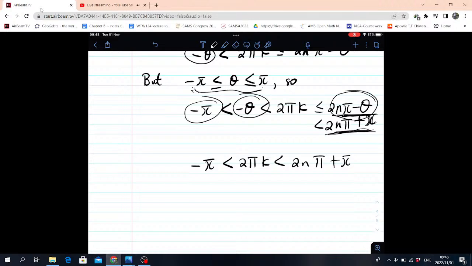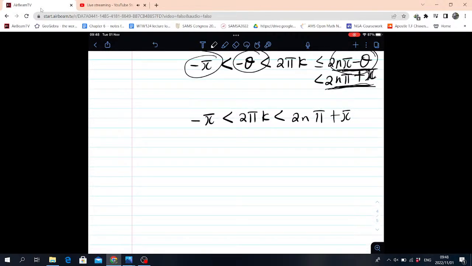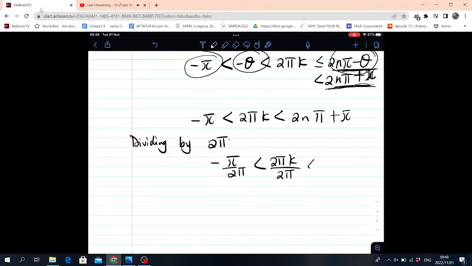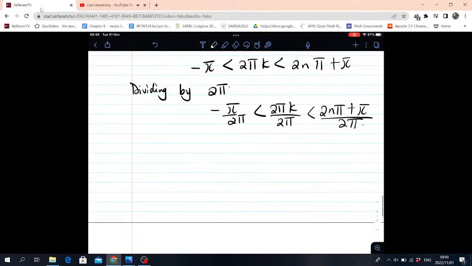Now if I divide by 2 pi throughout, what do I get? The first term has to be minus pi over 2 pi, which is less than 2 pi k over 2 pi, which is less than 2n pi plus pi over 2 pi.